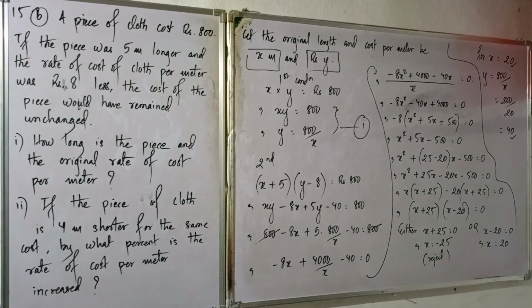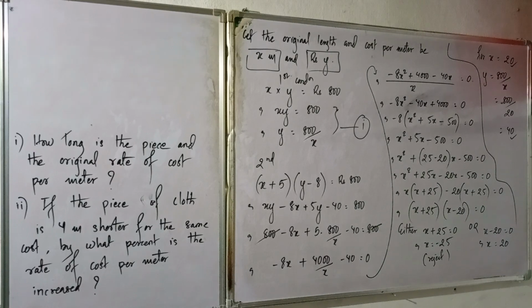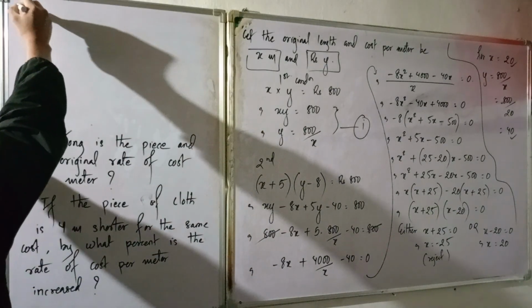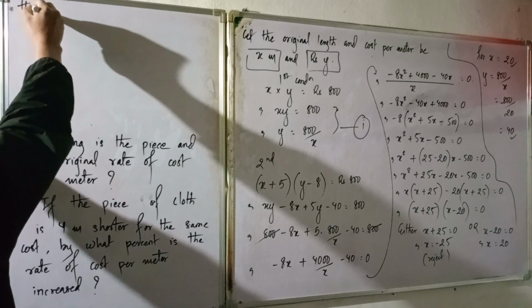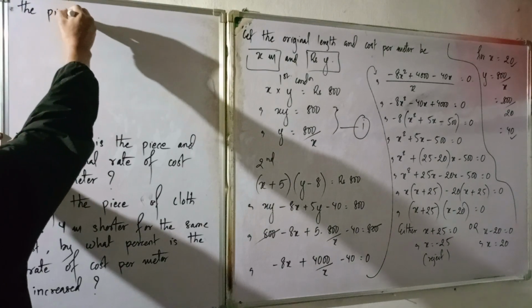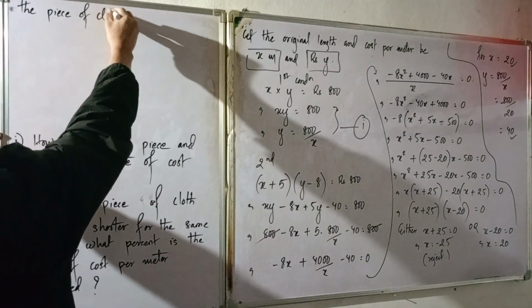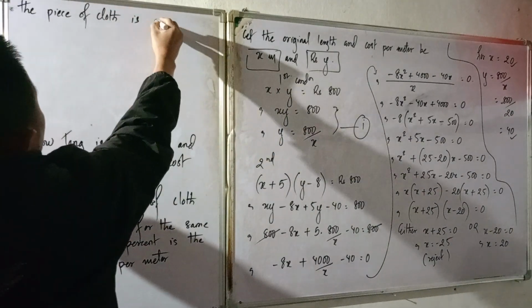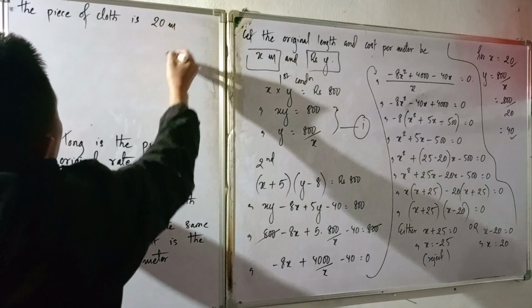I'll be rubbing this part. Okay, 15b questions, the top questions. Now, how long is the piece of cloth? The piece of cloth is 20 meters. X denotes the length of the piece.